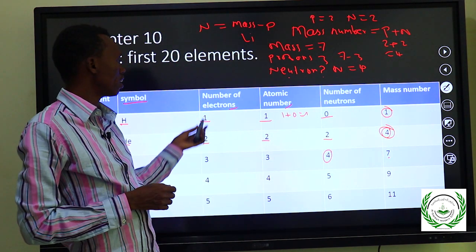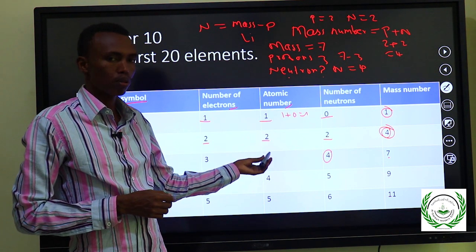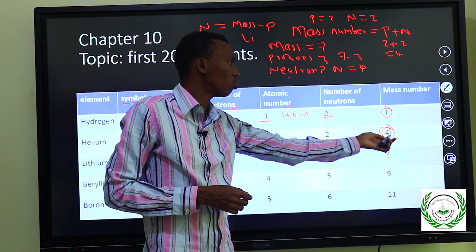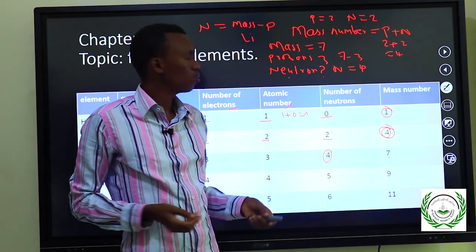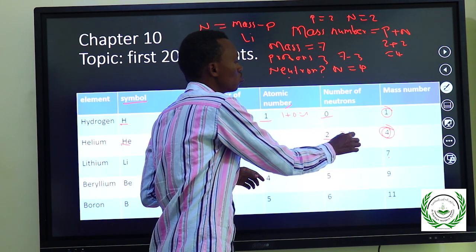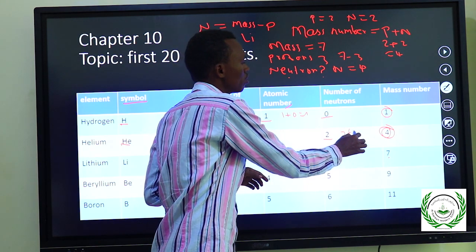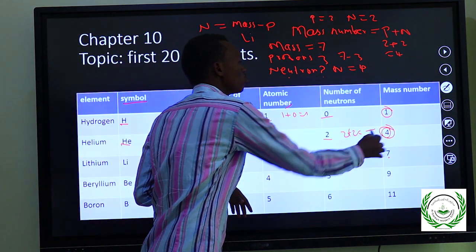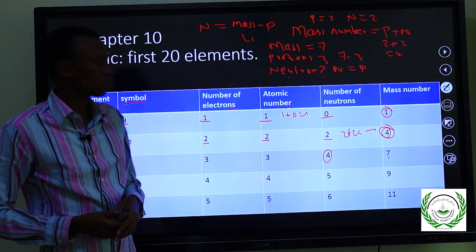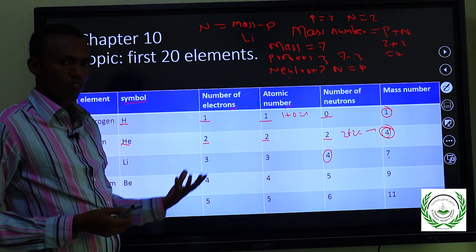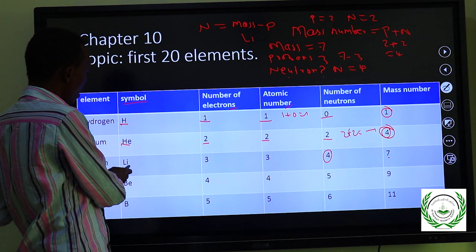So waxay leedahay 2 electrons, 2 protons iyo 2 neutrons. So then mass number keeda wuxuu noqonayaa 4. How? Simply 2 plus 2 equals 4. Labadooda isku geeyna marka masaas ku soo baxay. Lithium, tusaalahan lithium sample keedu waa Li.